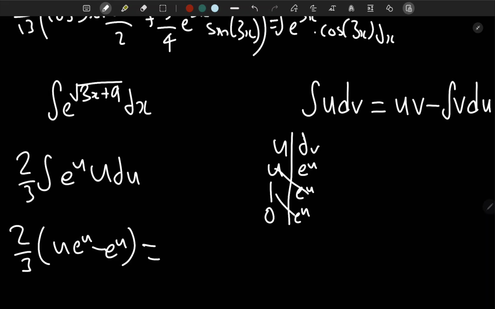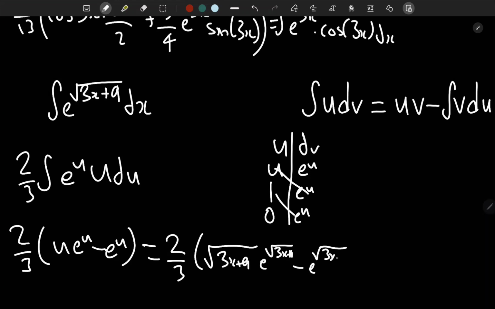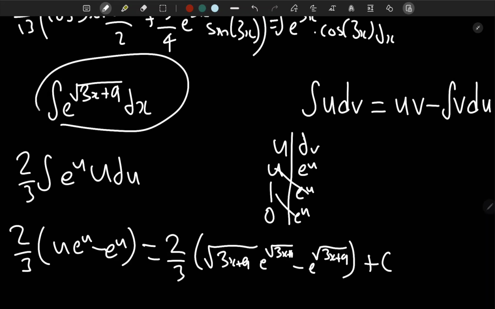So the final answer would be 2 over 3, open brackets, radical 3x plus 9 times e to the power of radical 3x plus 9, minus e to the power of radical 3x plus 9, plus c. So you might need to use u substitution along with integration by parts sometimes, like this question over here. Keep that in mind.